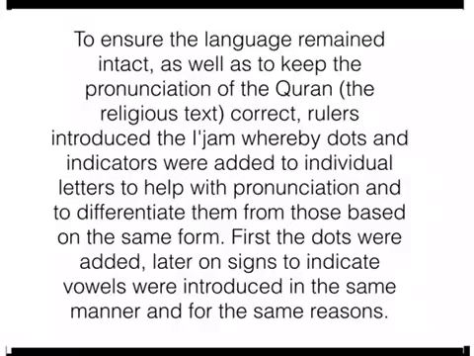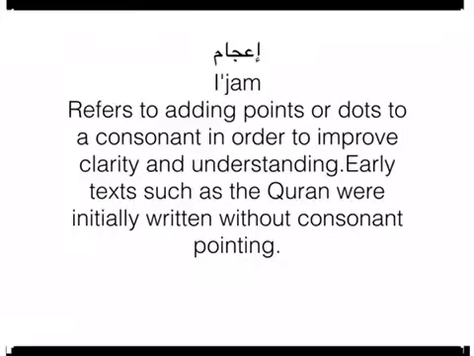Later on, signs to indicate vowels were introduced in the same manner and for the same reasons. Ijam refers to adding points or dots to a consonant in order to improve clarity and understanding. Early texts, such as the Quran, were initially written without consonant pointing or ijam.